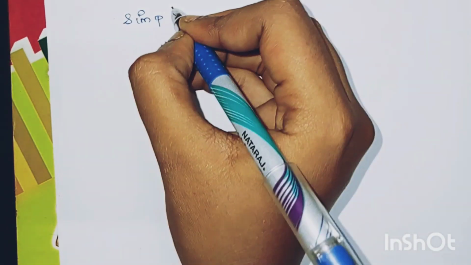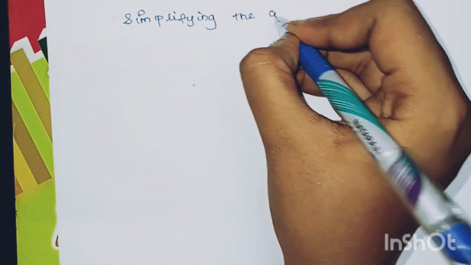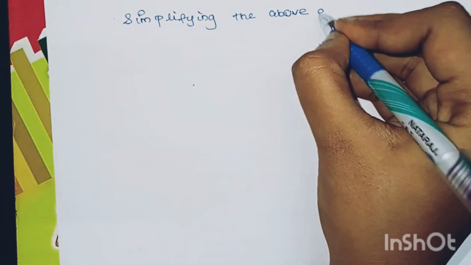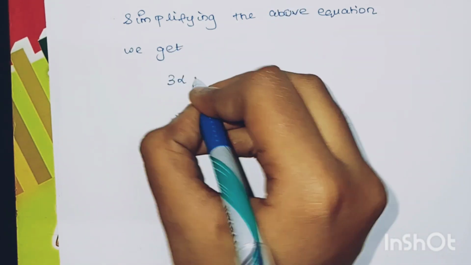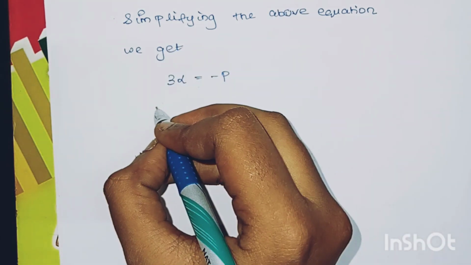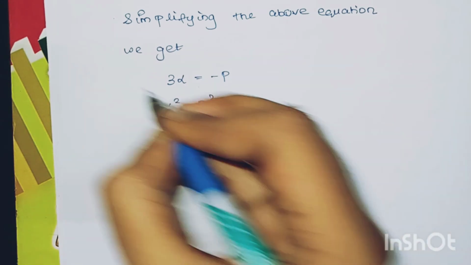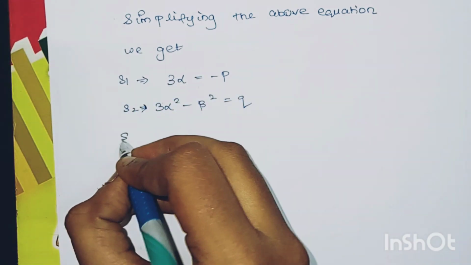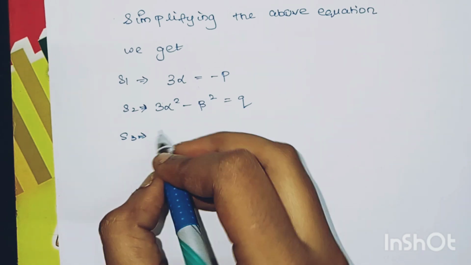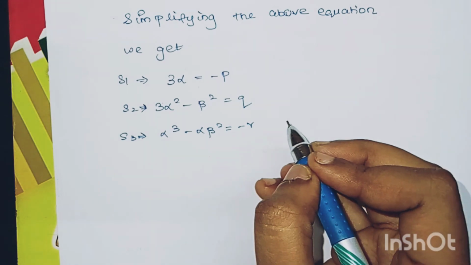Simplifying the above equations, we get 3 alpha is equal to minus p, and 3 alpha square minus beta square is equal to q, that is S1, S2, and S3 is alpha cube minus alpha beta square is equal to minus r.